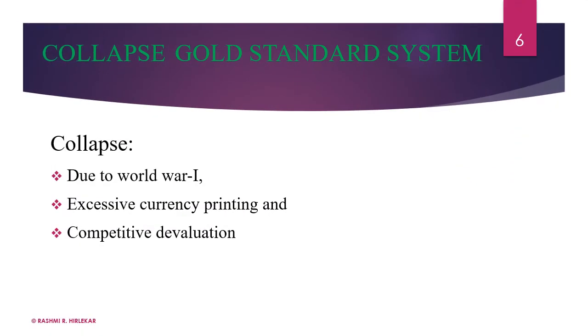Now we will see why gold standard system collapsed. The reason for the collapse of gold standard is majorly the First World War. During the First World War, each country was destructed to a large amount and each country was in need of more and more money to pay for various items such as arms, grains, sustaining life of citizens, etc. So each country needed more and more currency.